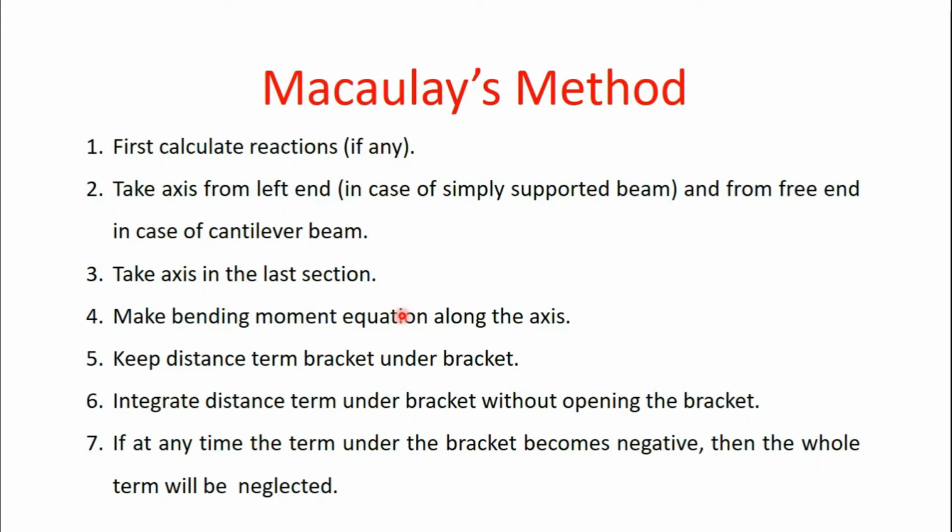Take the axis in the last section, make the bending moment equation along the axis, keep the distance term under the bracket, integrate the distance term under the bracket without opening the bracket, and if at any time the term under the bracket becomes negative, then the whole term will be neglected. So this 7th point is very important. You must see that if the bracket terms become negative, then the whole term will be neglected.